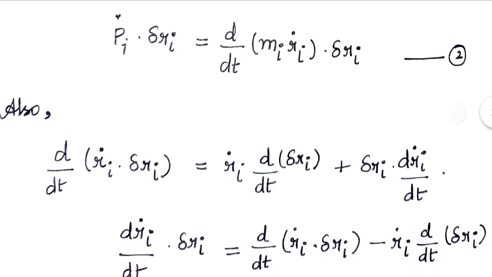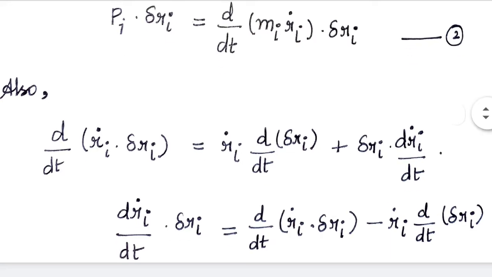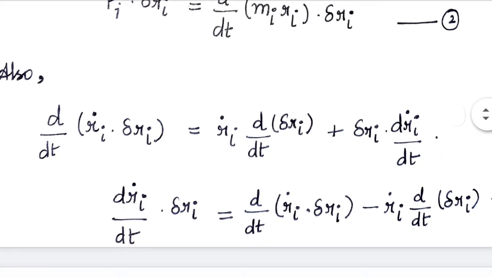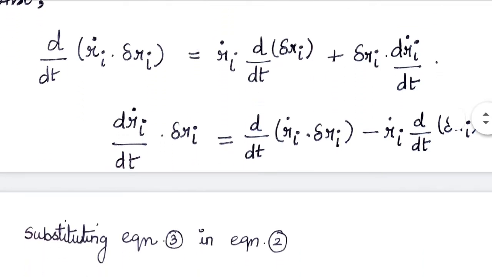So we keep this on the left hand side and bring everything else to the right hand side. We get d Ri dot by dt into delta Ri is equal to d by dt of Ri dot into delta Ri minus Ri dot d by dt of delta Ri.